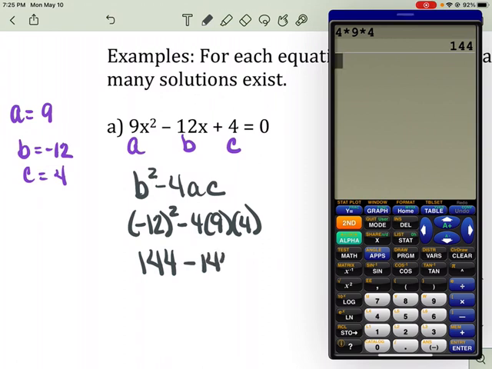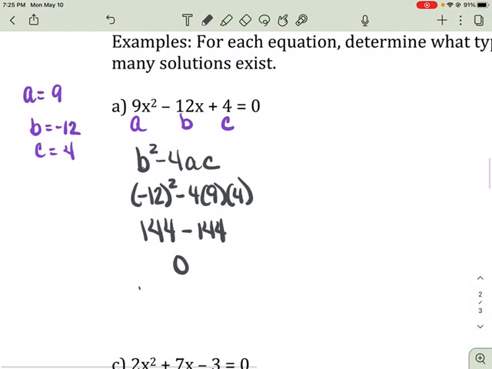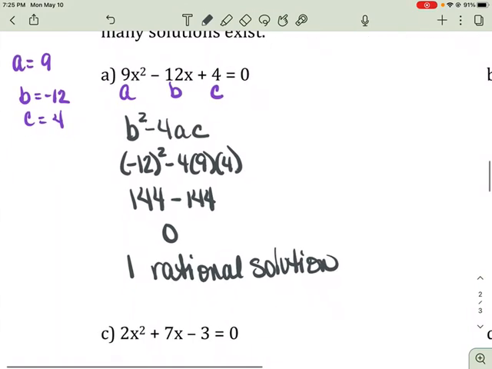So 144 minus 144, we're going to get 0. Now, since our answer is 0, that means there's one rational solution, and it's repeated. But I'm good with one rational solution.